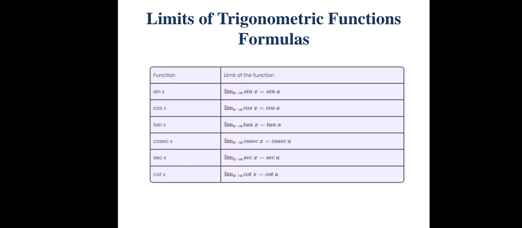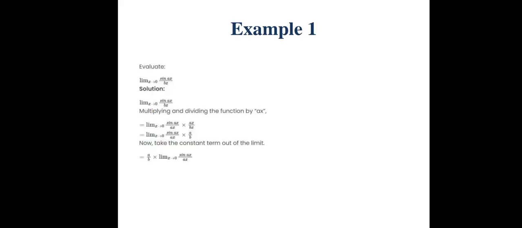If you apply the limit x tends to a, the answer will be cos a. Then we have tan x. After applying the limit x tends to a, the answer will be tan a. The value a can be any numerical value.